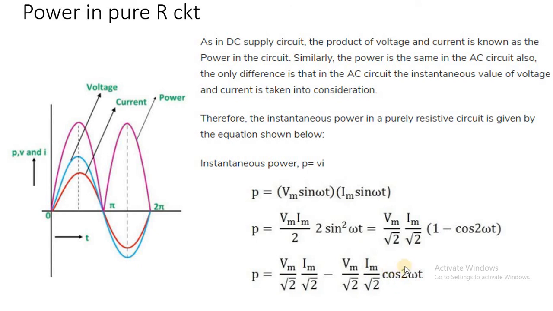I'll repeat: the second term is the double frequency component. Its frequency is double, so the time period to complete its full cycle will be half, because time period is inversely proportional to frequency. T is equal to 1 upon f. So capital T will be half because frequency is double.